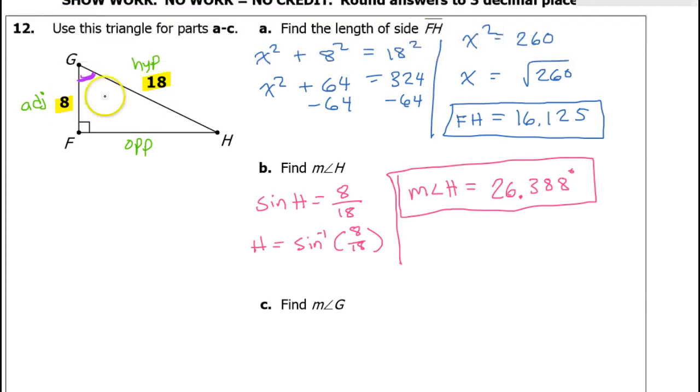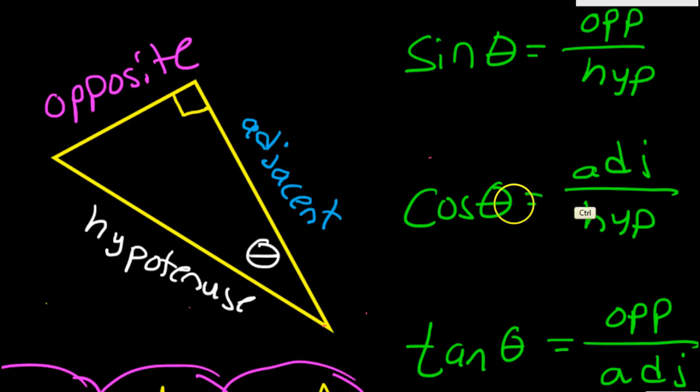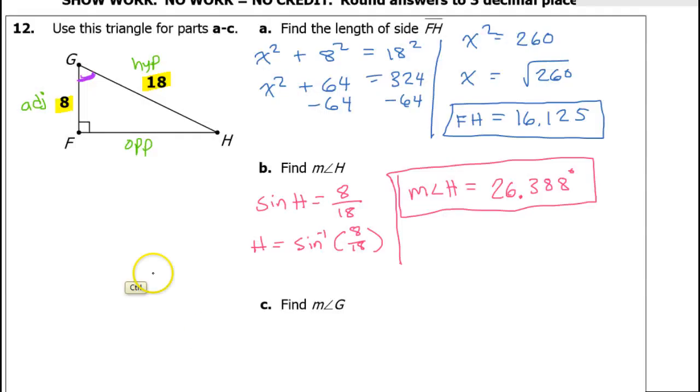So one way I could find angle G is set up a trig function. So this is adjacent and hypotenuse. That's the cosine function, adjacent over hypotenuse. So I could say the cosine of angle G is equal to adjacent over hypotenuse. And then angle G should equal the inverse cosine of 8 over 18.